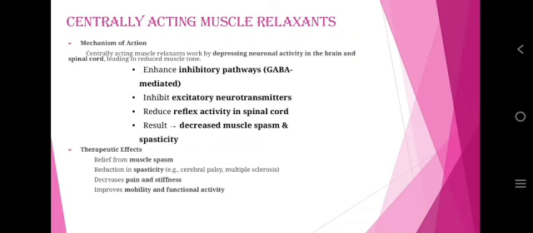And the therapeutic effects of these skeletal muscle relaxants: they relieve muscle spasm, decrease pain and stiffness, and improve mobility and functional activity. These are the therapeutic effects of the centrally acting skeletal muscle relaxants.